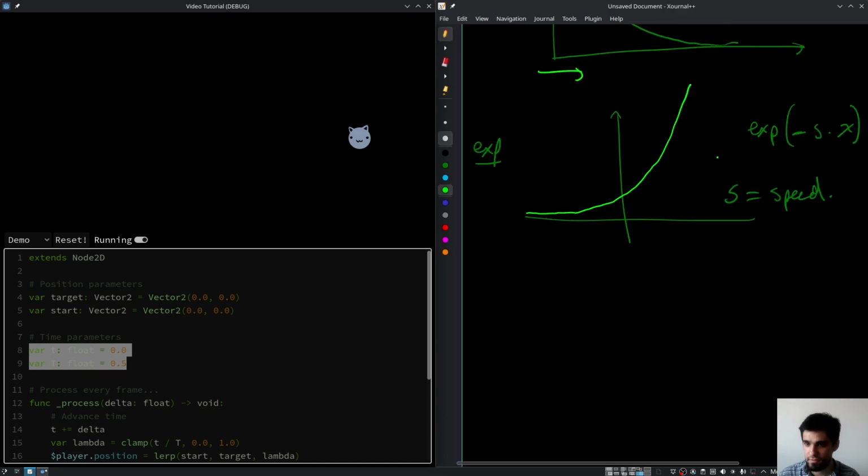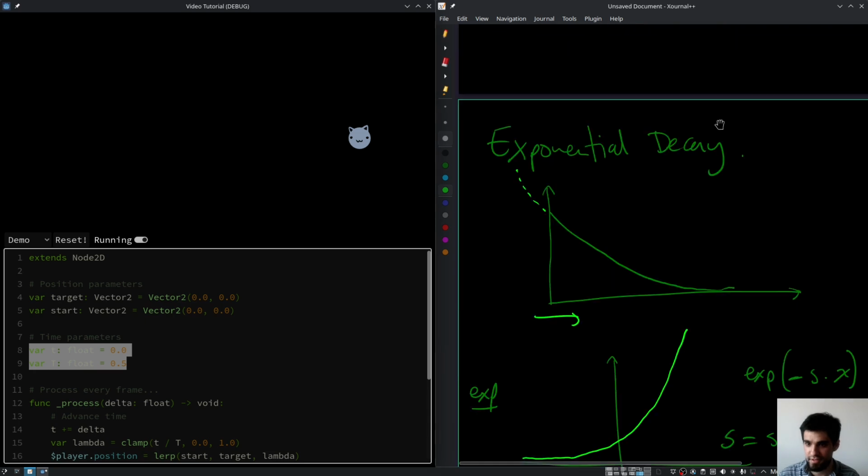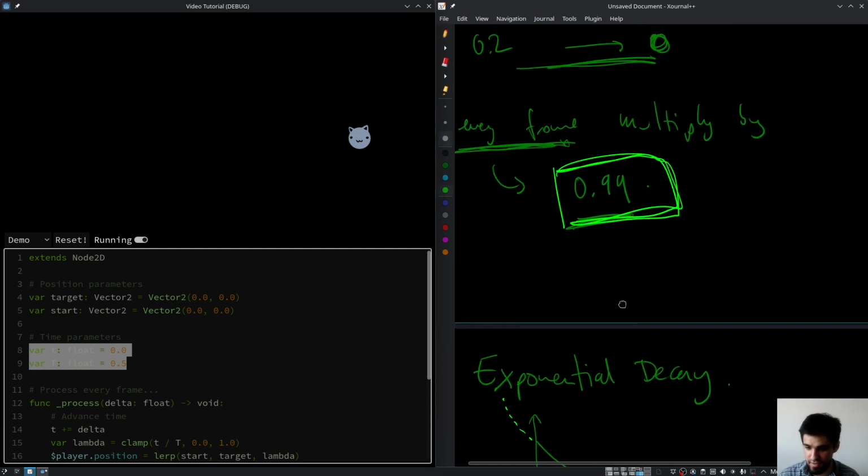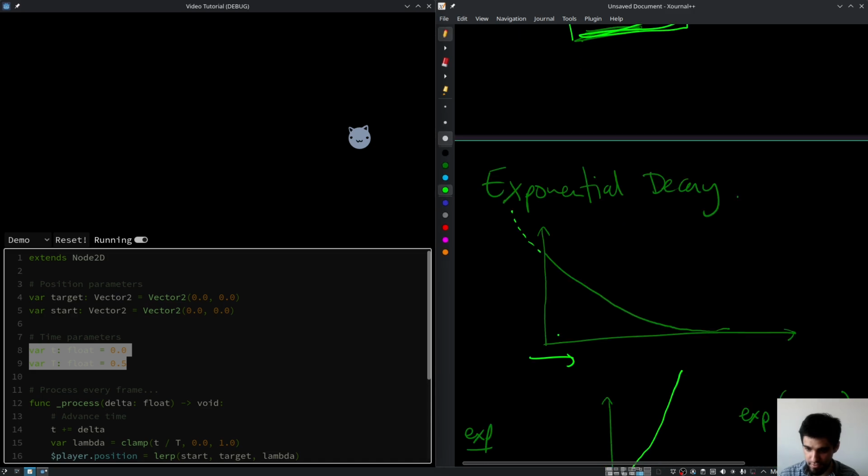And so the question then is, what is this parameter here that we need to use? And this parameter is going to be based on this delta, which is the time that has passed since the previous frame, is precisely how much we need to move. That's how much we need to multiply it by.